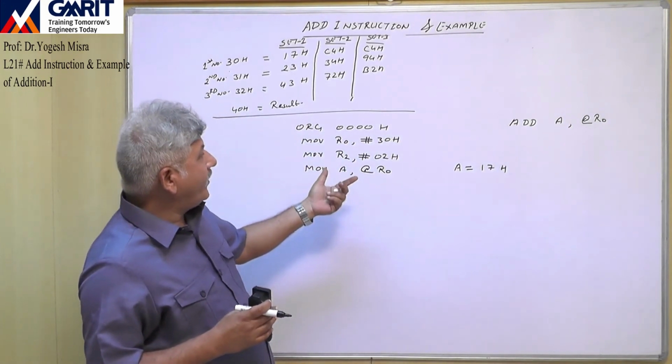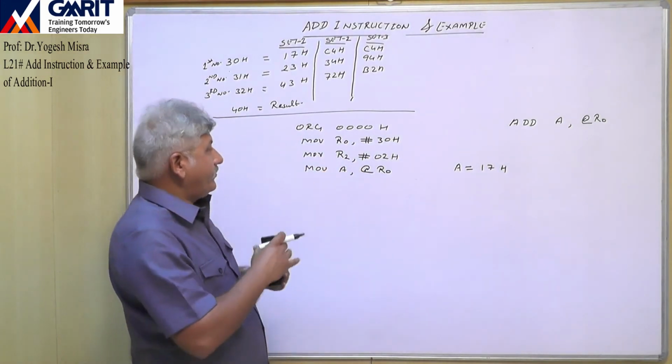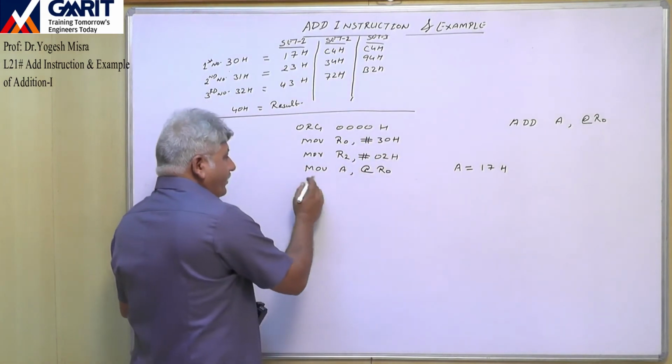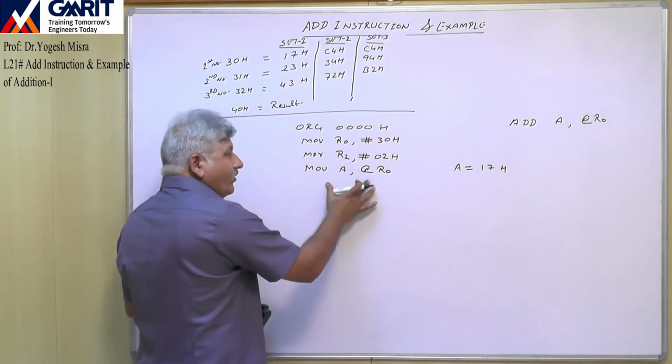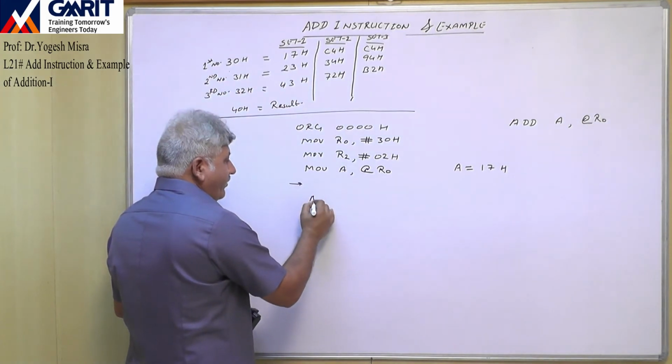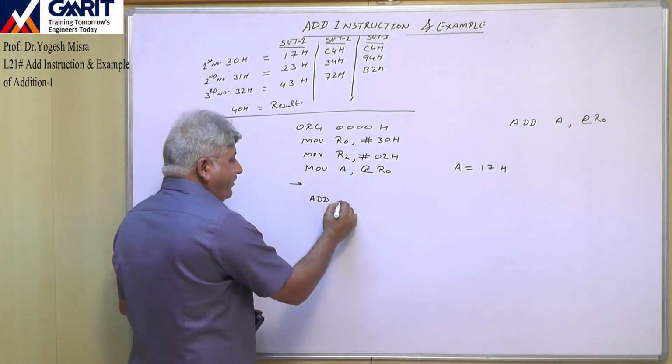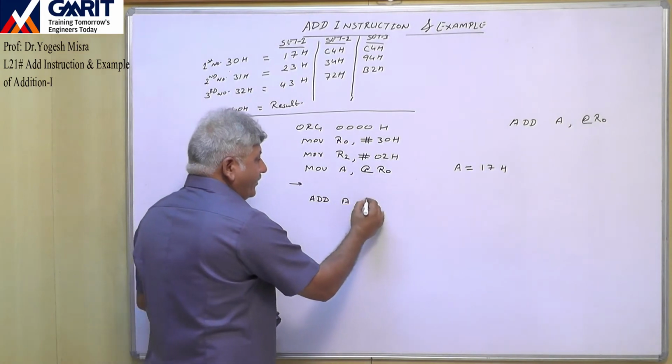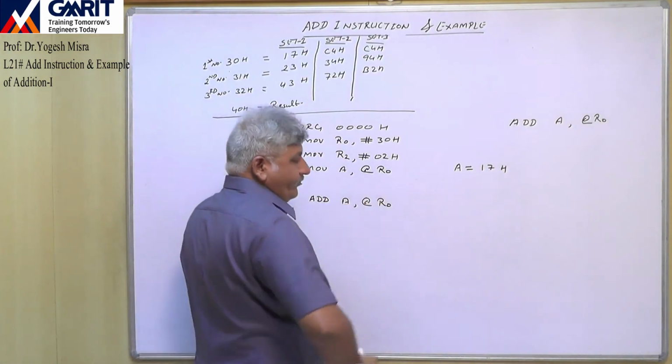Now I have to bring, so basically, I will leave one space for one instruction that I have to write here. After that I will write this instruction ADD A comma @R0.